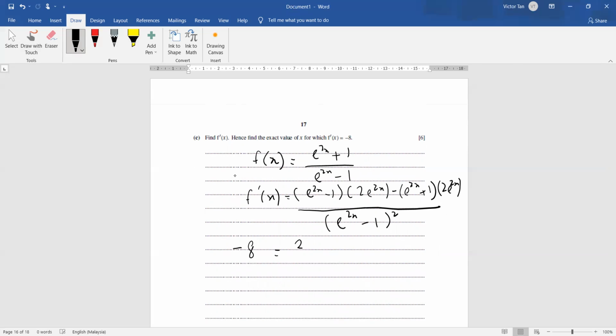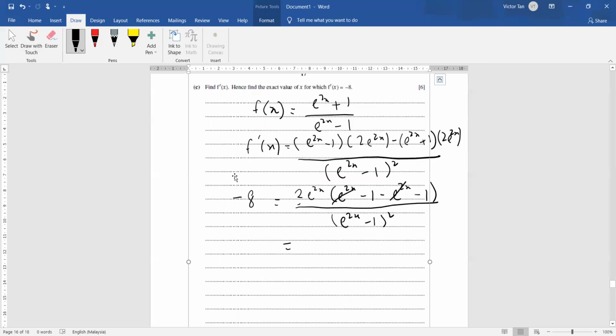So this is 2e to the power of 2x times e to the power of 2x minus 1 minus e to the power of 2x plus 1 over e to the power of 2x minus 1 squared. Cancel this. So this is 2e to the power of 2x times minus 2 is minus 4. So this is minus 8 e to the power of 2x minus 1 squared equals 4 e to the power of 2x.